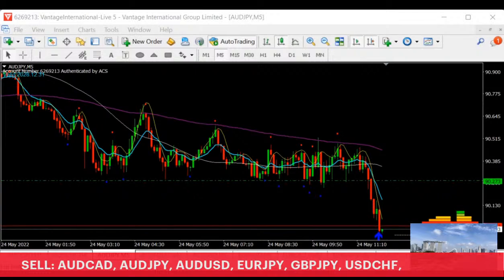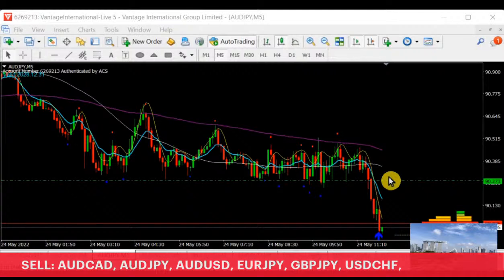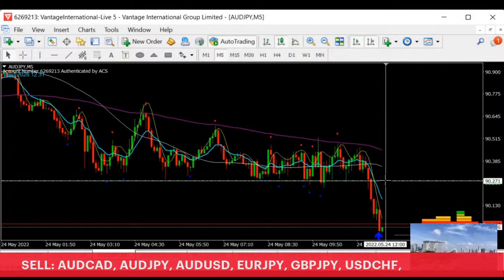Aussie Yen, same thing as you can see. Once it breaks, for such a situation for Aussie Yen, the retesting is not there. Am I right? But anyway, it still dropped.